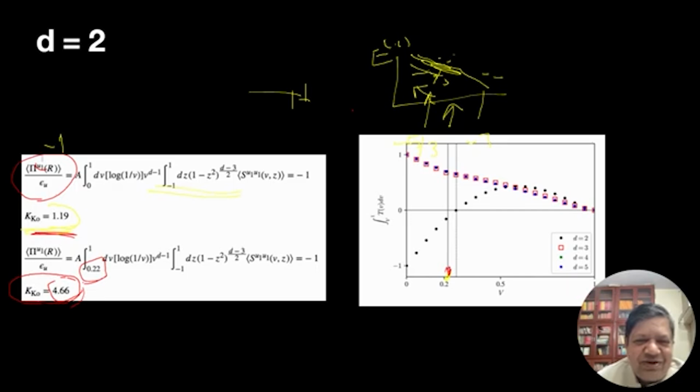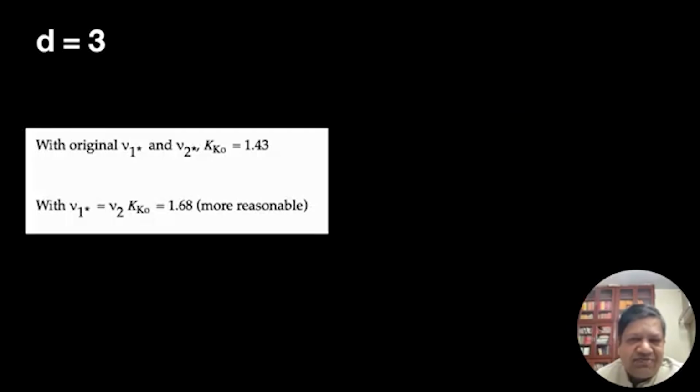So for 2D, I tinkered with this lower cutoff, which may not be satisfactory, but this tinkering is required in this framework. This is possibly because RG is not taking into account non-local interactions.